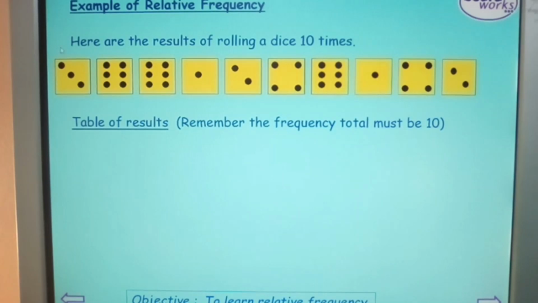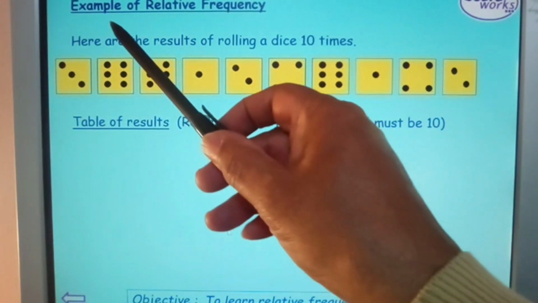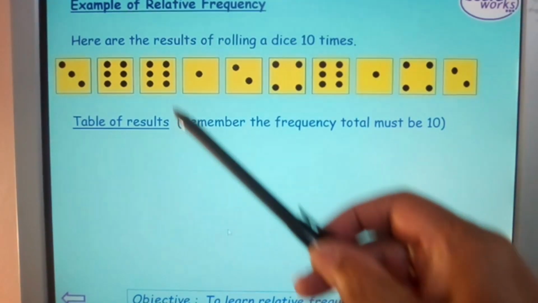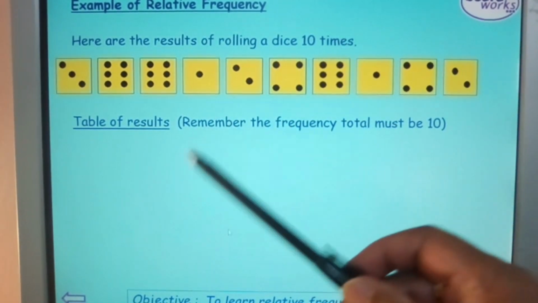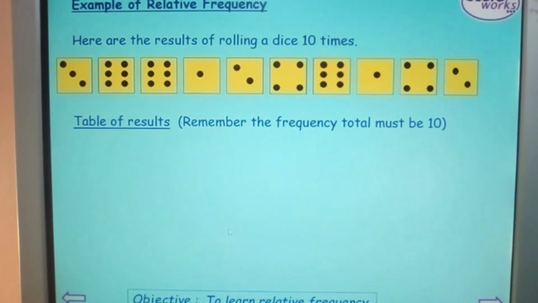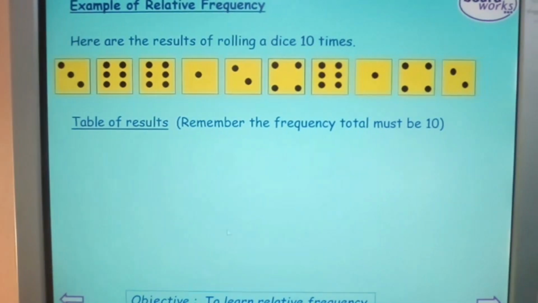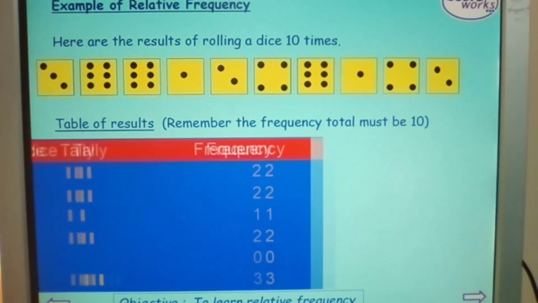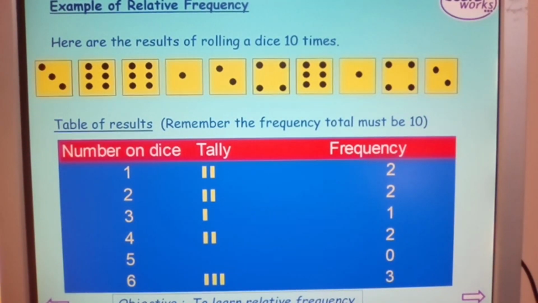Now here, example of relative frequency. Here are the results of rolling a dice 10 times. Okay. That's your result. Table of results. So let's put it into a table.